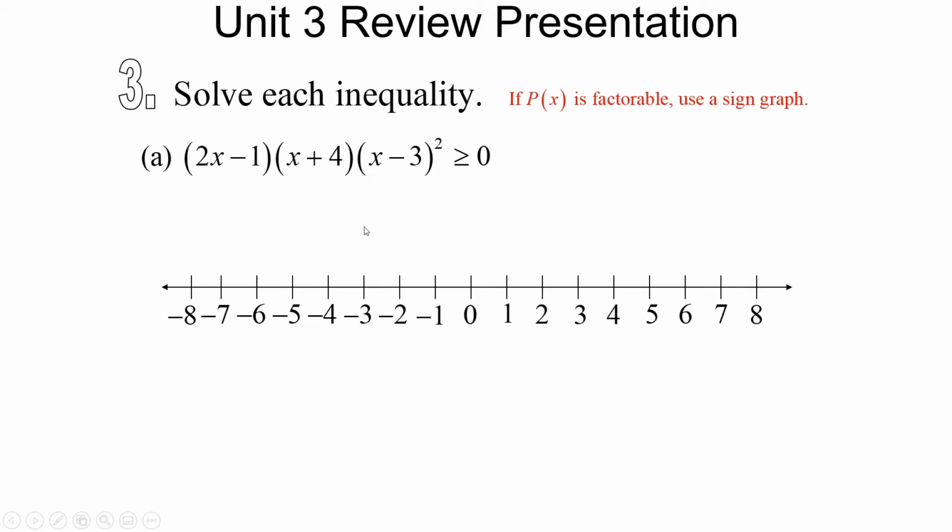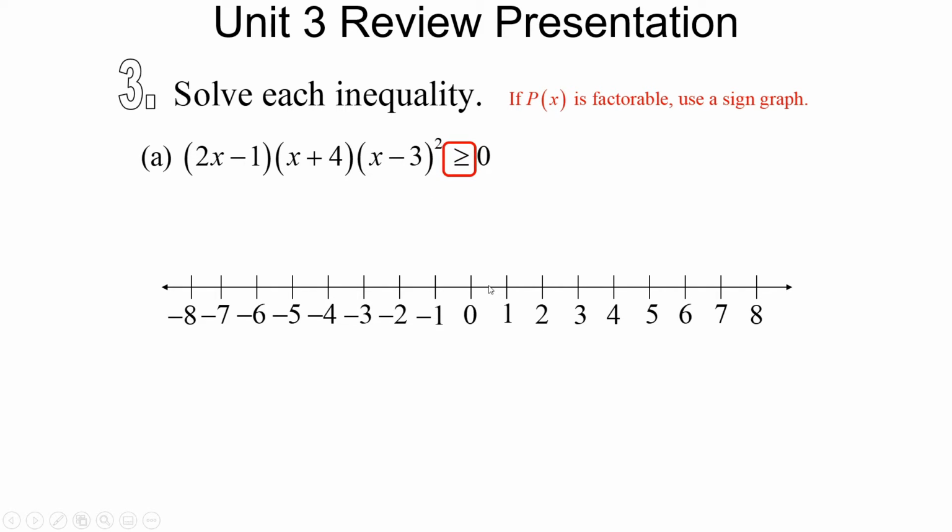Solve each inequality. If p of x is factorable, use a sign graph. Well, this inequality is already factored, so here is our sign graph. And let's begin by plotting our zeros. Well, if I have a factor of 2x minus 1, don't I have a 0 of 1/2? And what kind of dot? Look at the inequality.